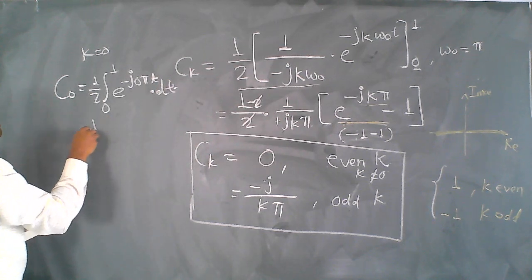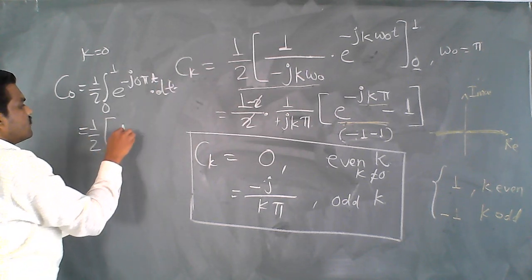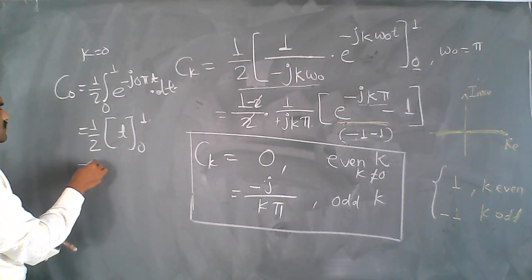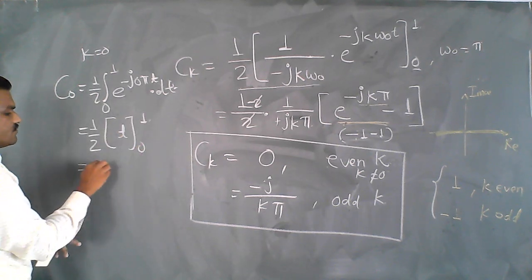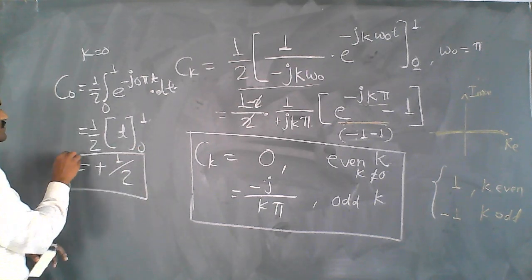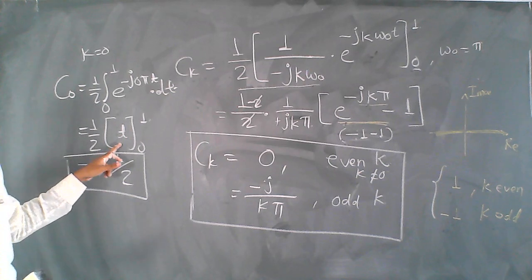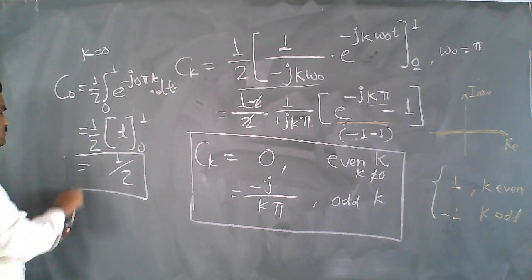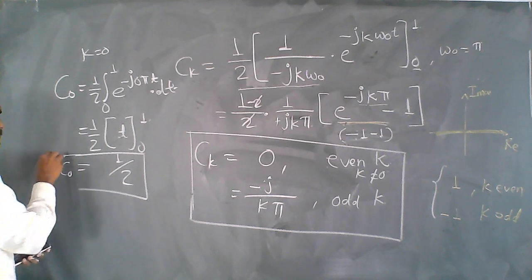This value becomes 1, so it is 1 by 2 integration of dt from limit 0 to 1. When you put the upper limit and lower limit, you get 1 by 2 minus 0, which is equal to positive 1 by 2. So this is your c0.